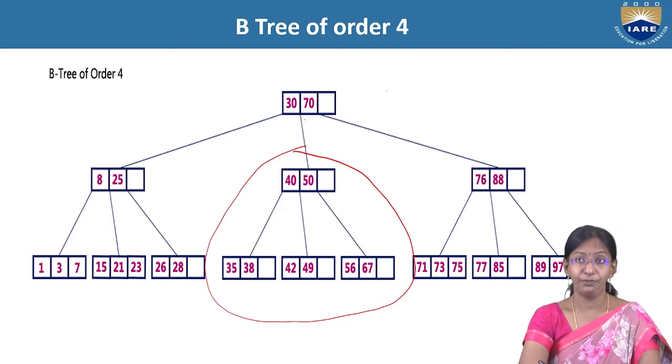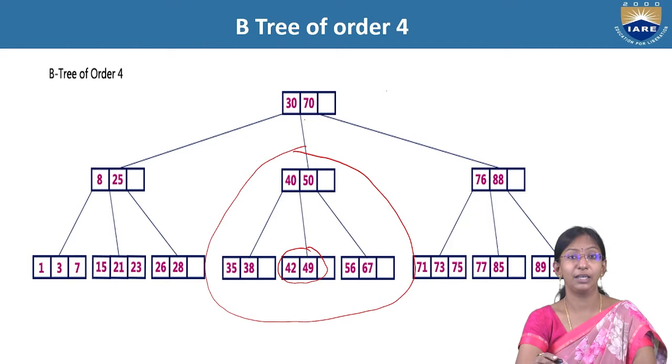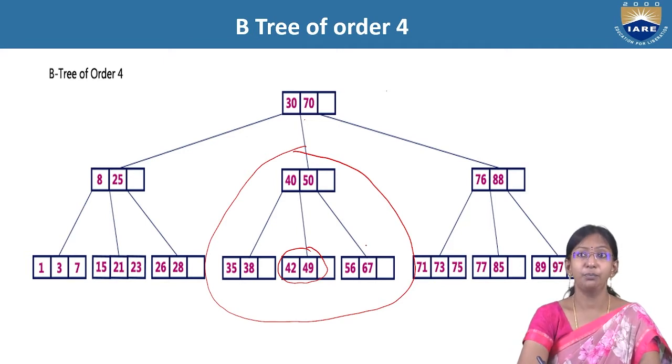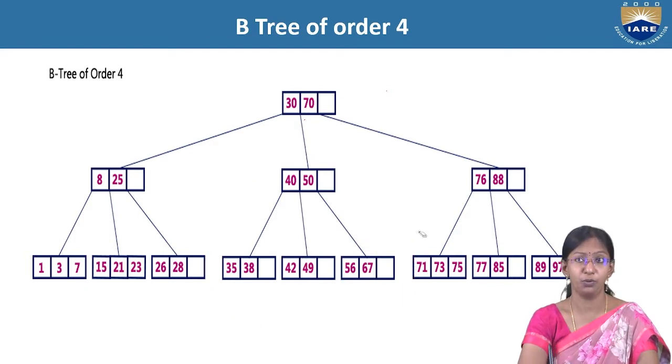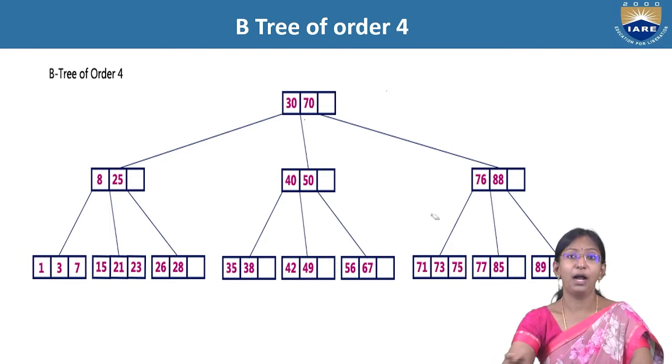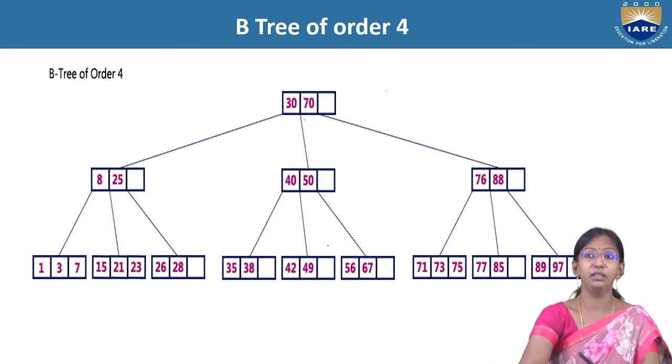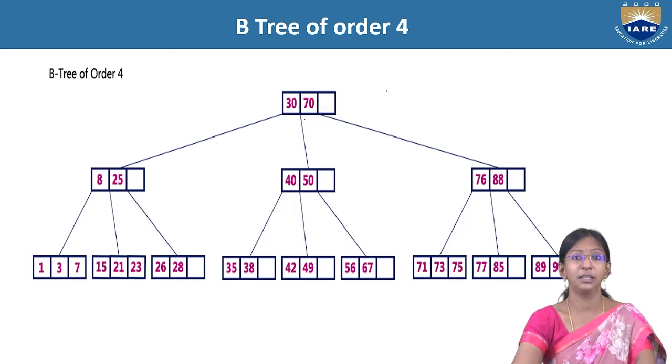Coming to 50, the left subtree has 42 and 49, which are less than 50, and the right subtree has 56 and 67, which are greater than 50. Even here the search property prevails. You can observe that all the leaf nodes are at the same level. These are the basic properties of B trees shown in this picture.